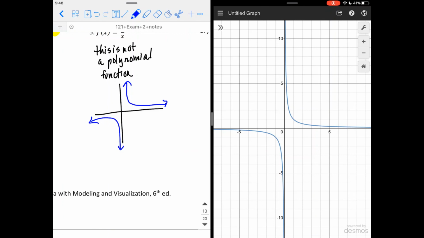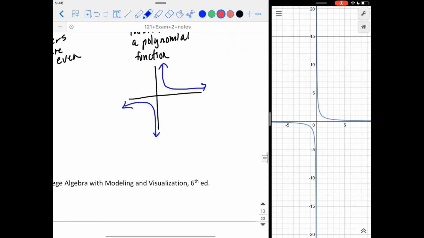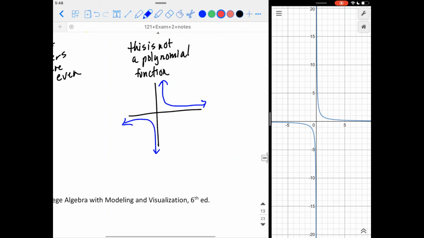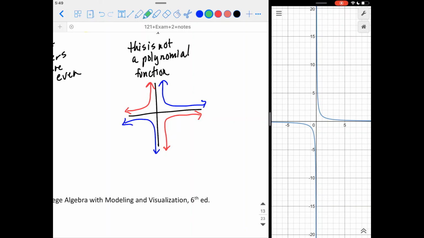So it's definitely not even, because if I reflect it across the y-axis, it's not the same. But if I do my reflection across the y-axis, I would end up with this graph. And if I do my reflection across the x-axis, I would end up with this graph as well.